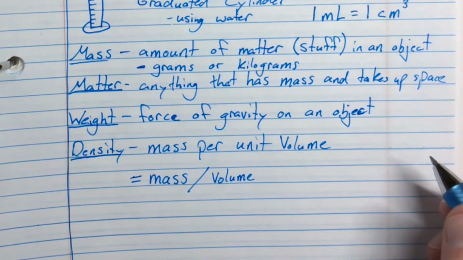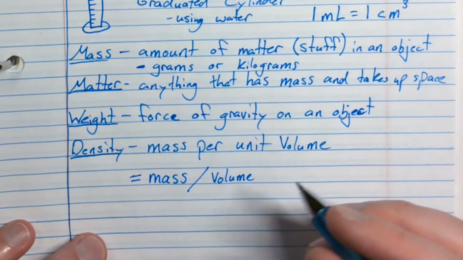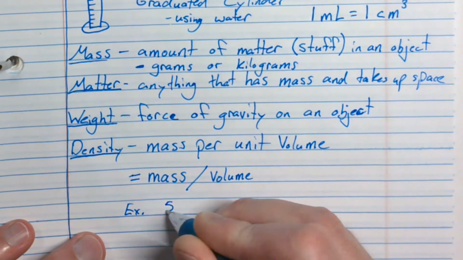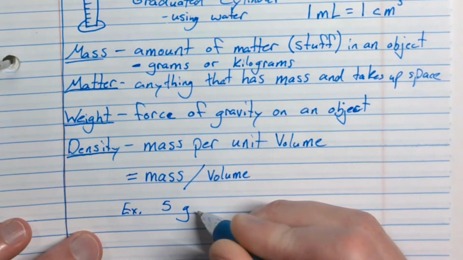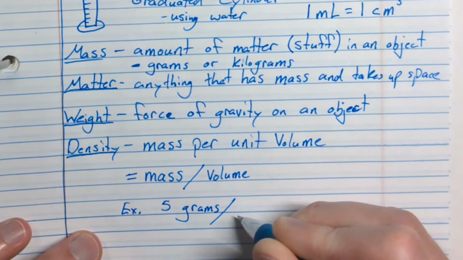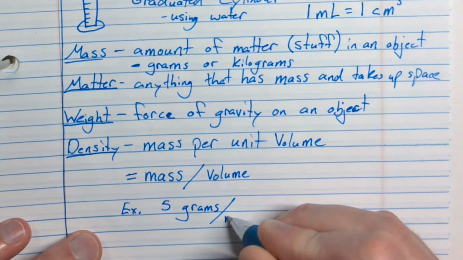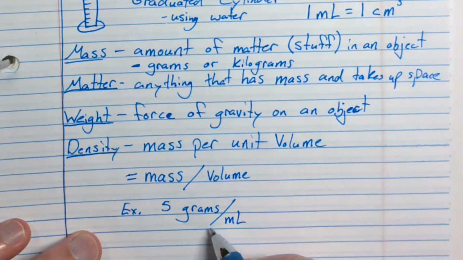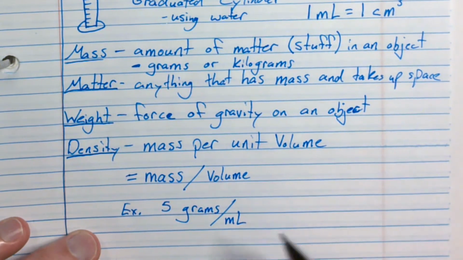And then we have our example, 5 grams per milliliter. So this would be my label, grams/milliliter. We'll be using that quite a bit.